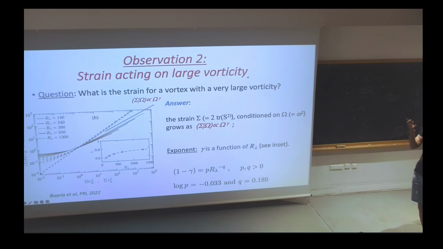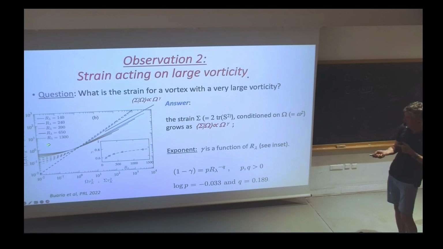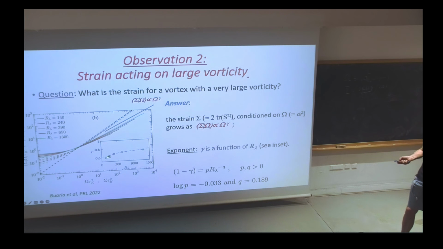Remember, at some point we said, let's be naive and say that all these quantities have the same dimension, same growth, etc. No. What it's showing here is that the strain on a region of very intense vorticity actually grows slower, typically with a power law gamma, where gamma is less than 1. Here are some measurements of gamma. It increases from 0.6 to 0.8 or something like that. Then of course you fit, etc. So that's a representation of what we have here.